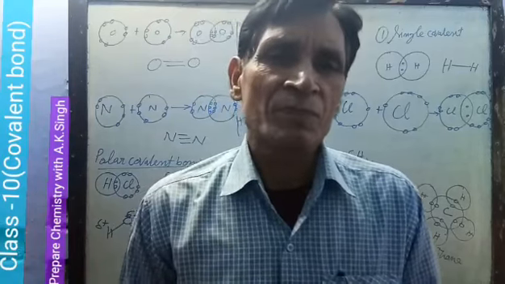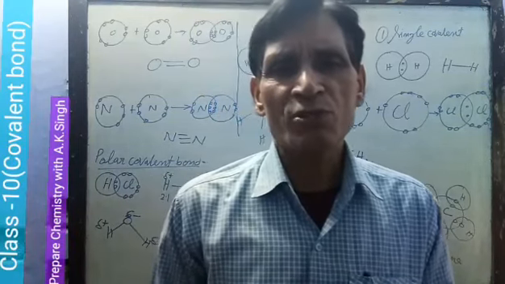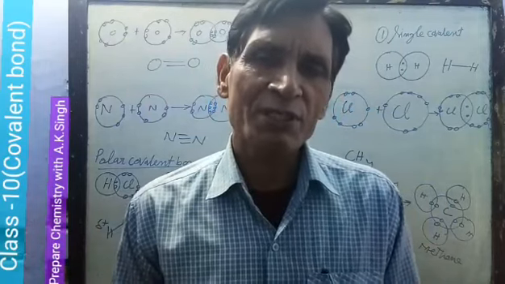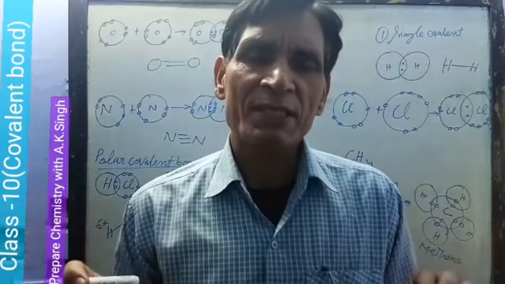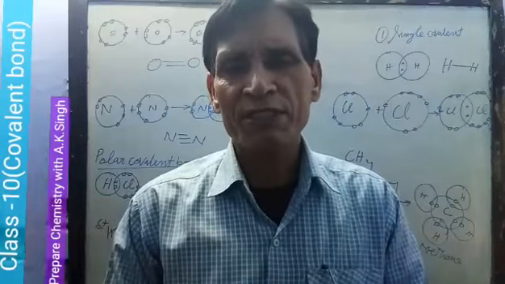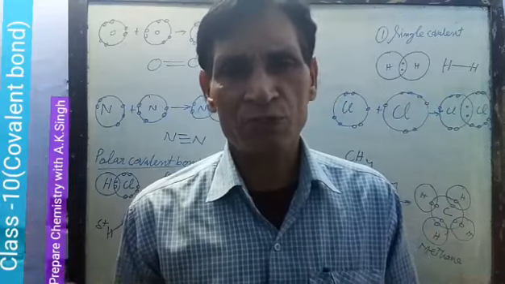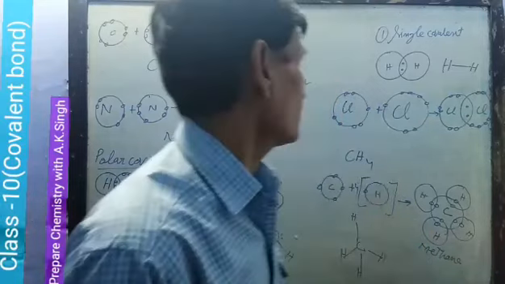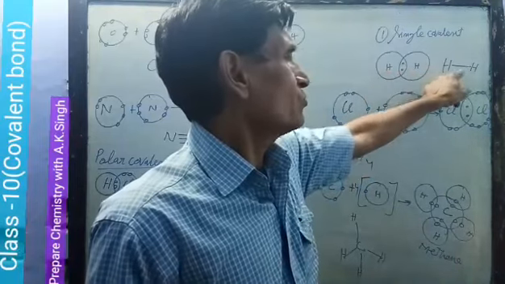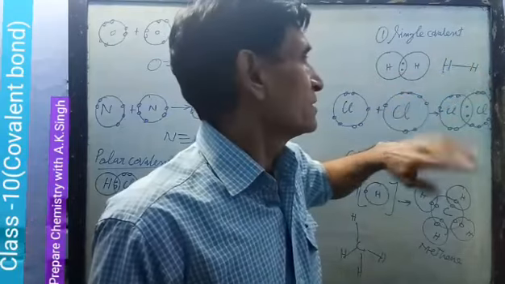For example, hydrogen is a non-polar covalent molecule because both the hydrogen atoms are similar, they have the same electronegativity, so the shared electron pair is in the mid of the two bonded atoms, and the bond is non-polar. See the example, hydrogen. Here it is in between the two and this is non-polar, no need of writing any charge over it.